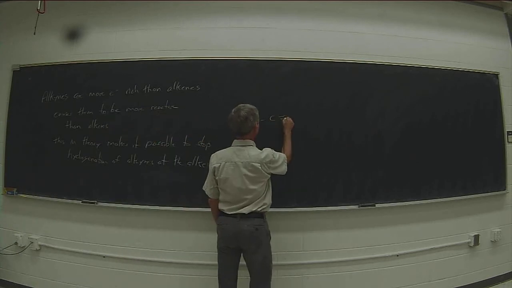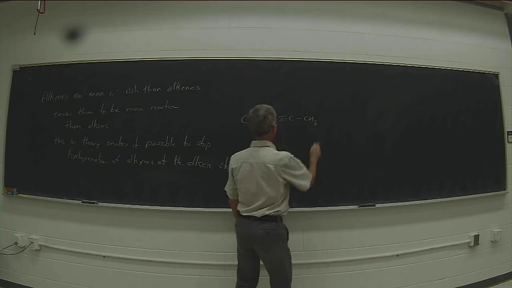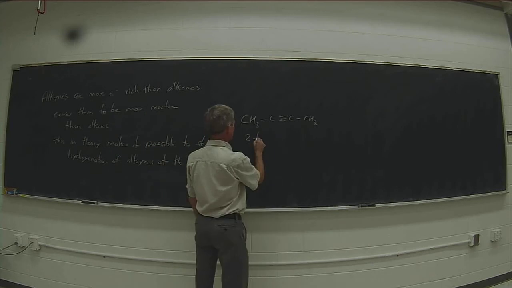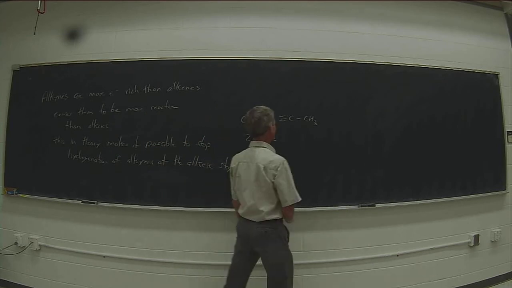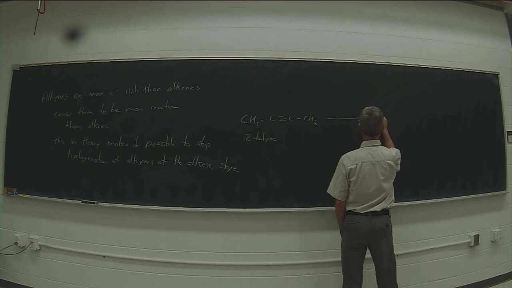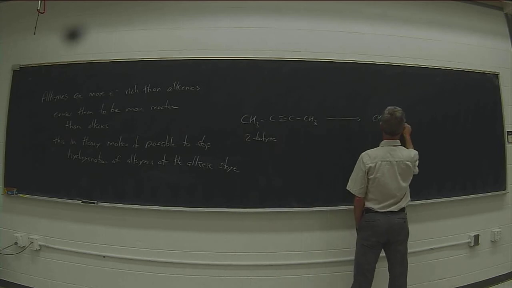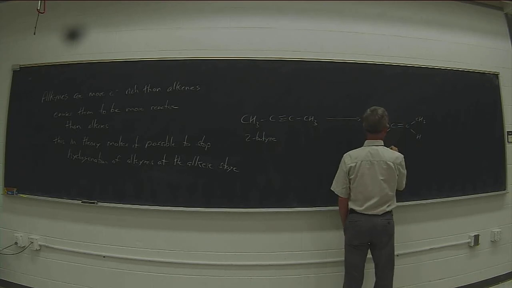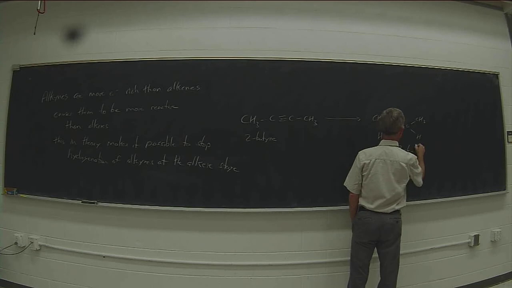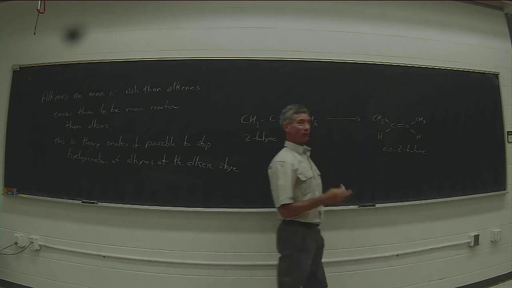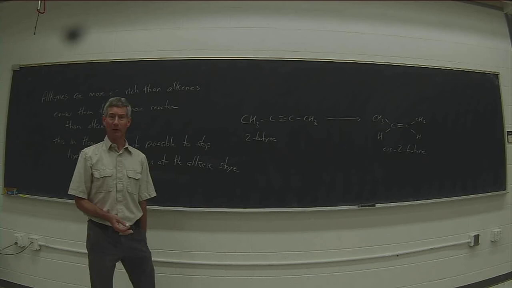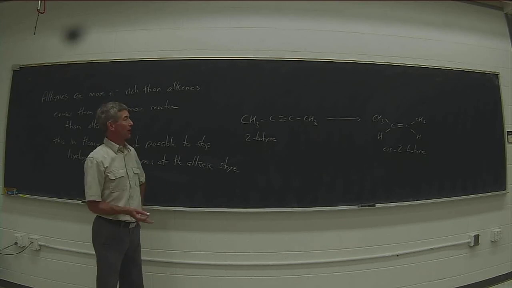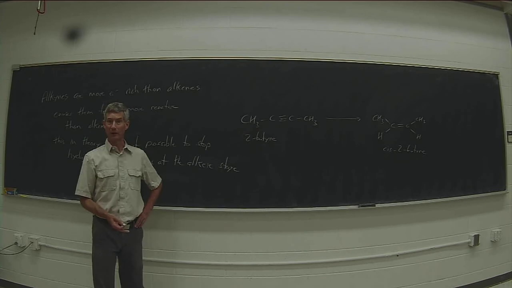So it should be possible, for example, to convert 2-butyne to 2-butene, cis or trans 2-butene. If we use platinum oxide or 10% palladium on carbon or Raney nickel for this at elevated pressure, we will find that it's not possible to stop. The cis-2-butene will react further.